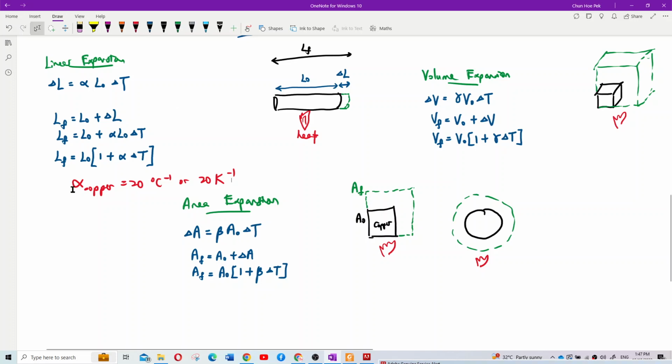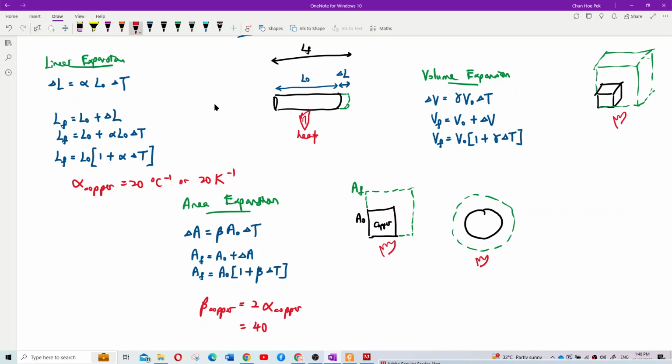Now if I have the alpha for copper and I want to find the change of area, I need the beta value. What's the beta for copper? Beta for copper will be 2 alpha, 2 alpha only. That means it is 40.